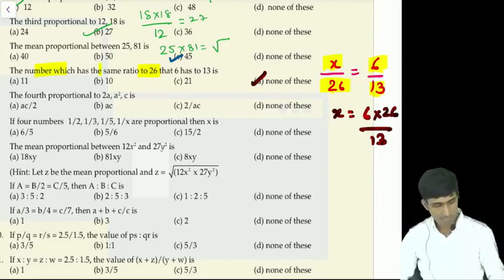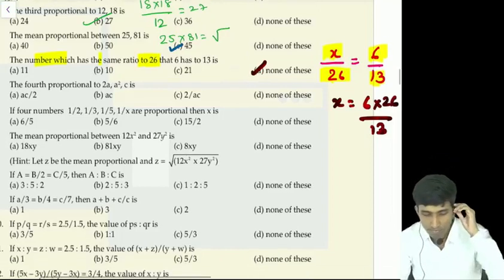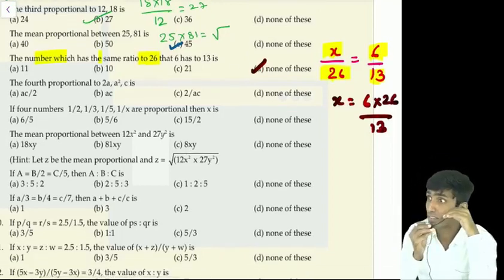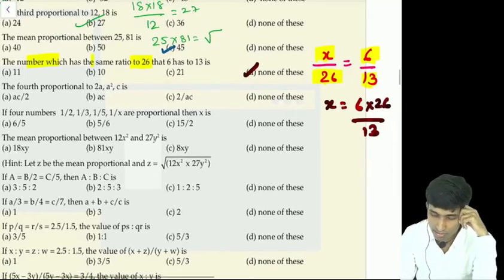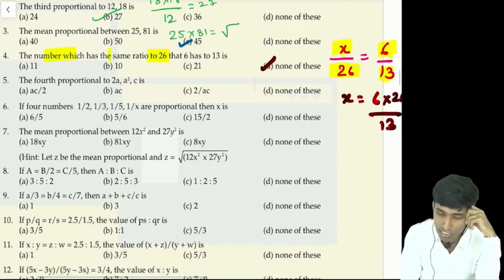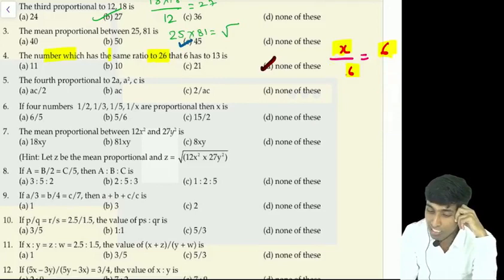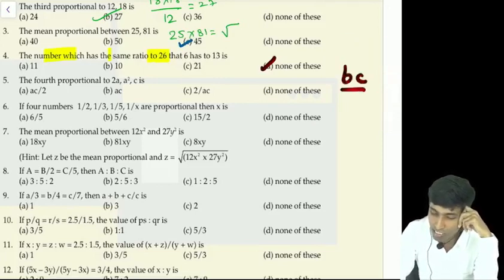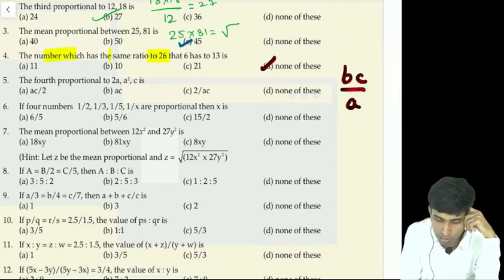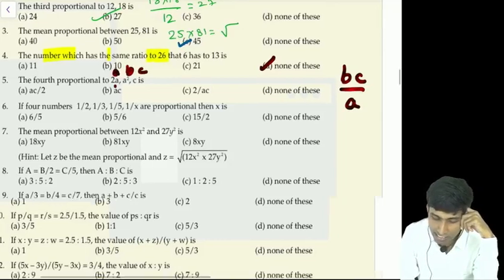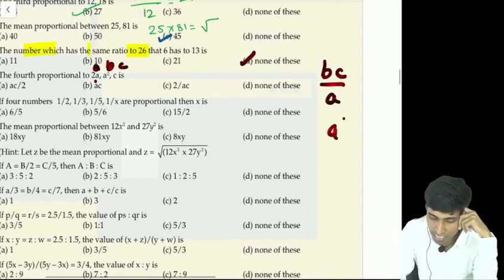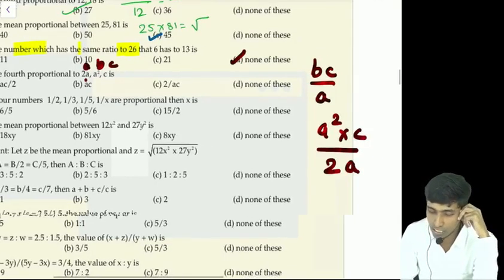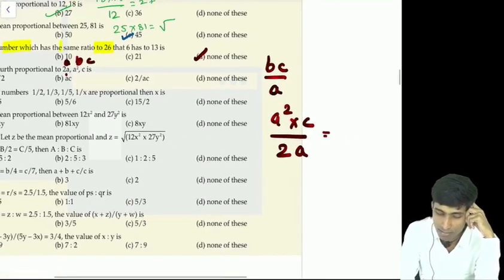Completed? Fourth proportional, listen carefully. I have already given this. How do we find the fourth proportional? BC upon A. This is A, this is B, this is C. So B into C is A square into C, upon 2A. You understand now?